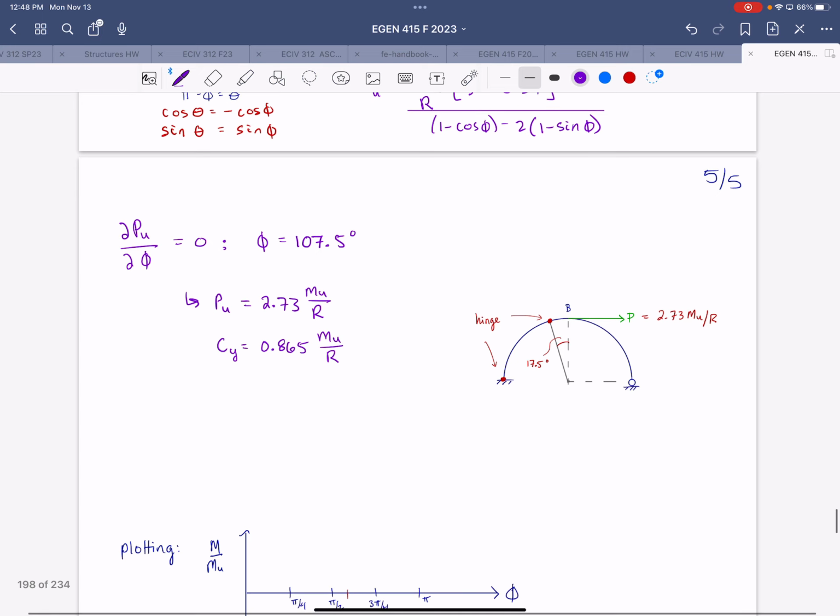And so then we want to plot the moment distribution, right? We can do that. So we'll consider span BC. So this is where phi is between 0 and pi over 2. So we have our moment, I'll write this as moment as it varies with angle phi, is equal to 0.865 times mu times 1 minus cosine phi.